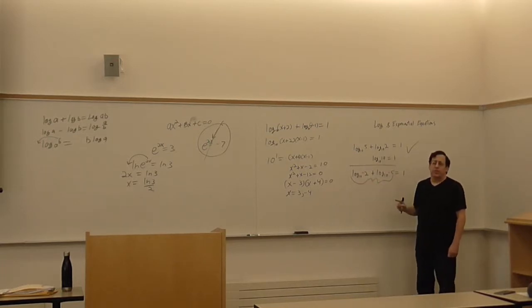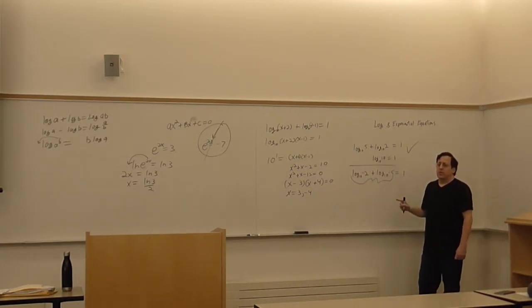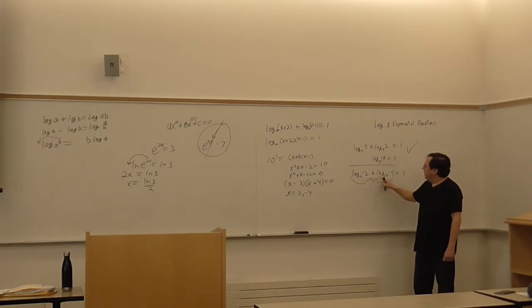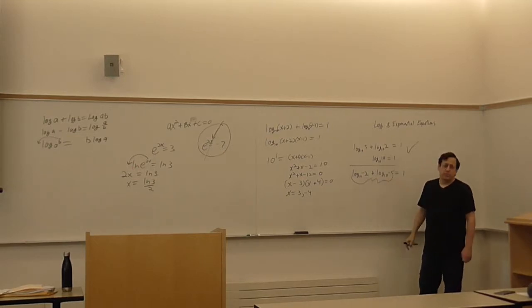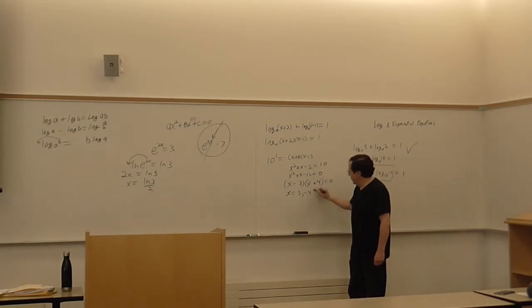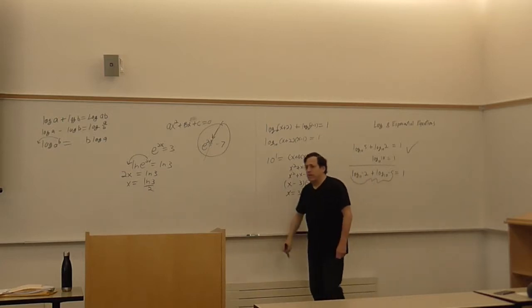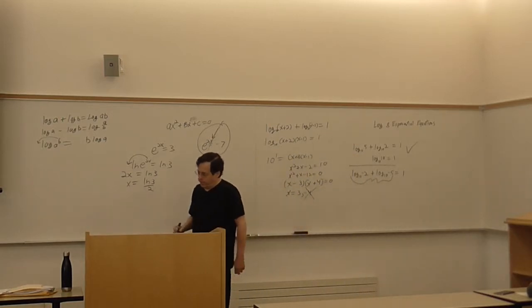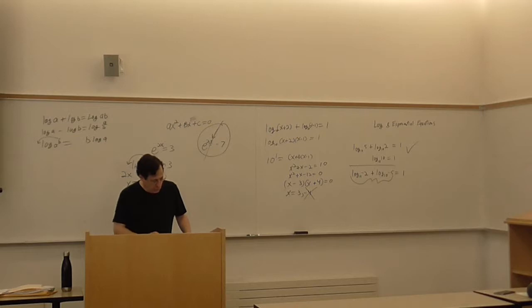But you can't do this, because negative numbers are not in the domain of log functions, just as they're not in the range of exponential functions. So this solution here is out. That's why you have to check.